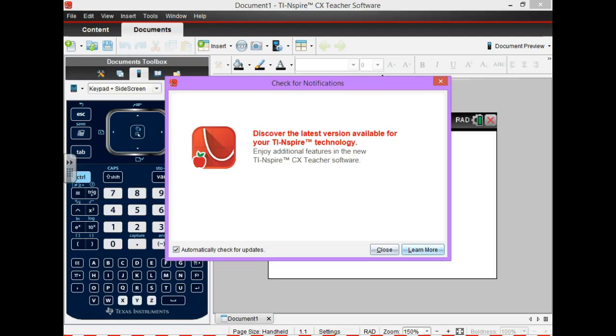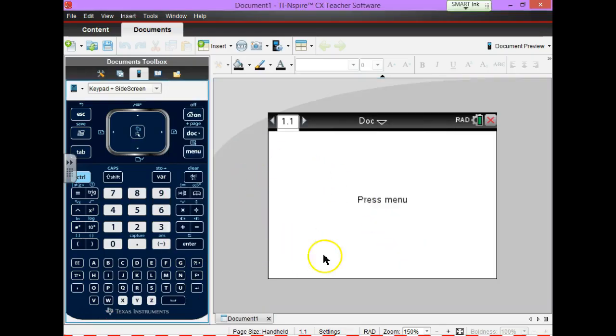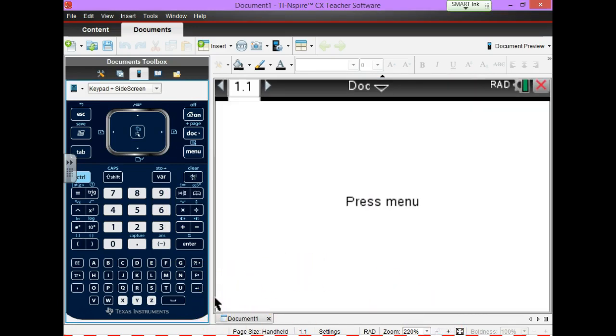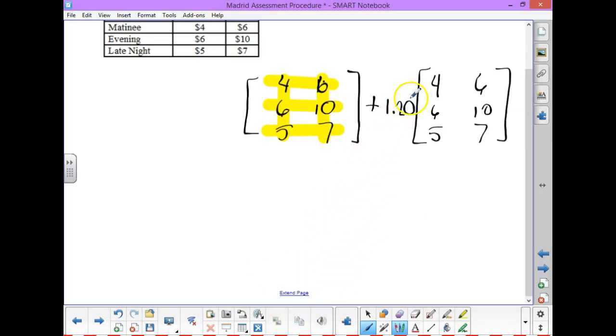So let's see if my calculator's up and running here. I'm going to need to take 1.2 times all of these values. So let's go and do that. I'm going to keep this one intact: 4, 6, 5, 6, 10, 7, plus. Here, this guy's going to get multiplied into each one of these entries.